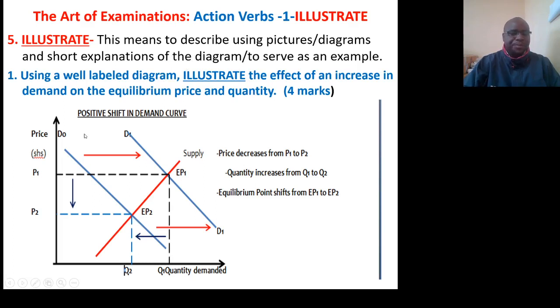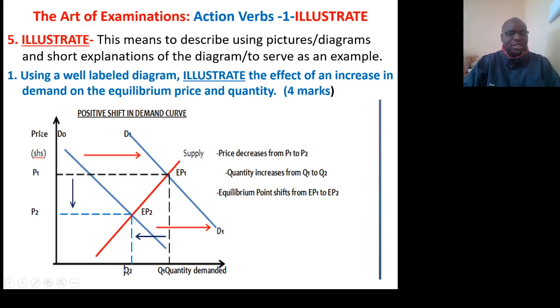So we have the demand lines, D0, D1. The demand is increasing, but the supply remains constant. So this is how it should look.